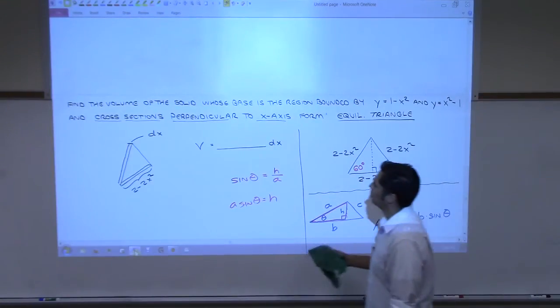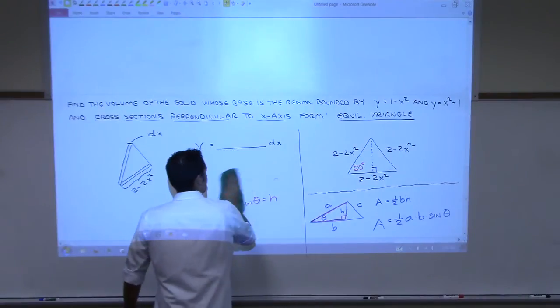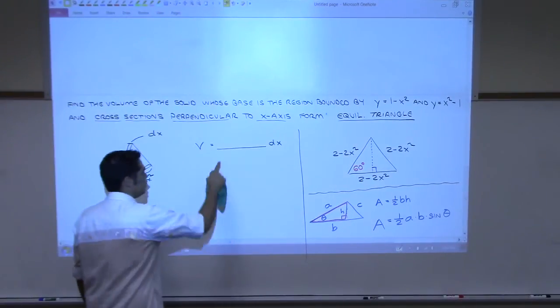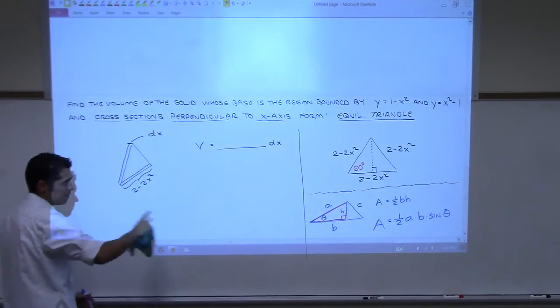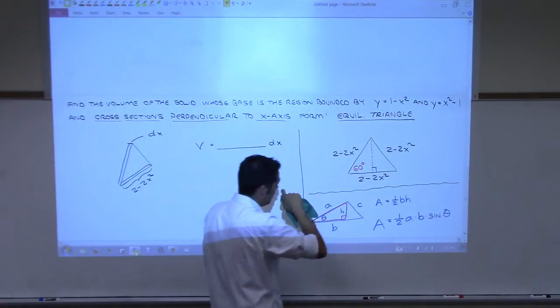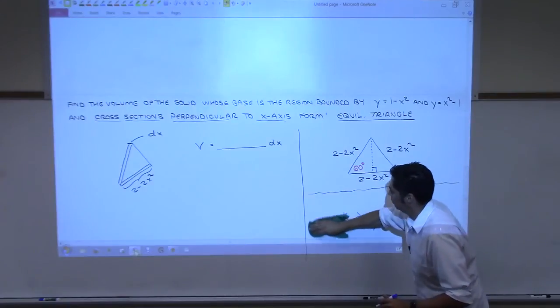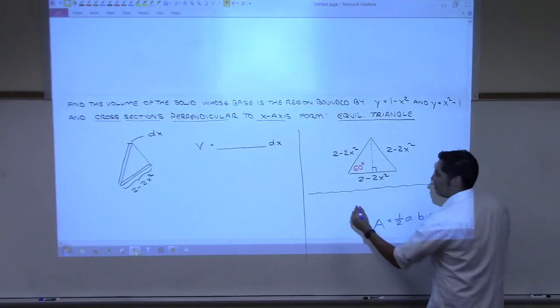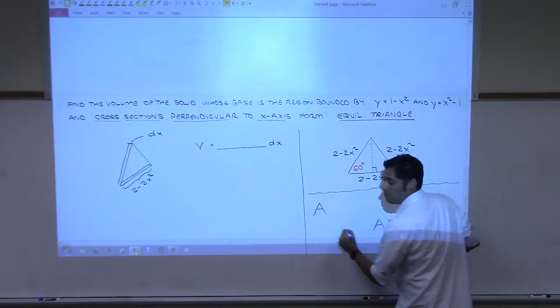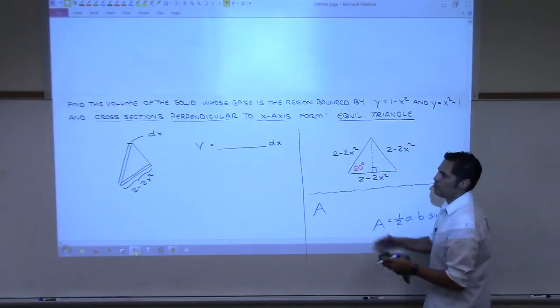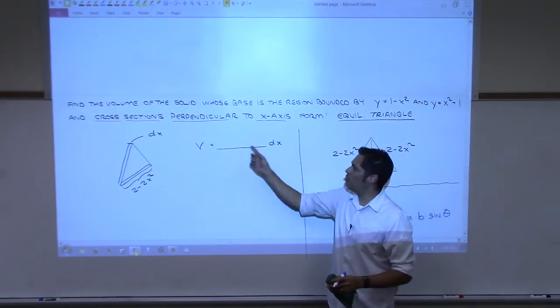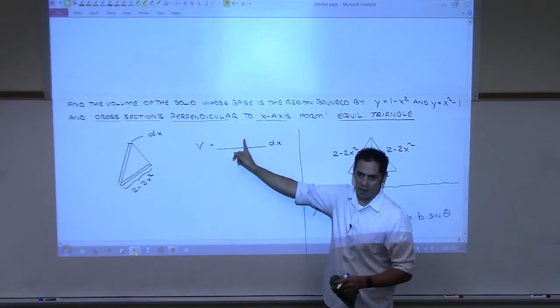So I still need to come back up here and get that, but I'm continuing my thought over here. The area of this... Yeah, we're just going to tag the dx on the end. So really what I'm trying to find is the fill in the blank part right here.